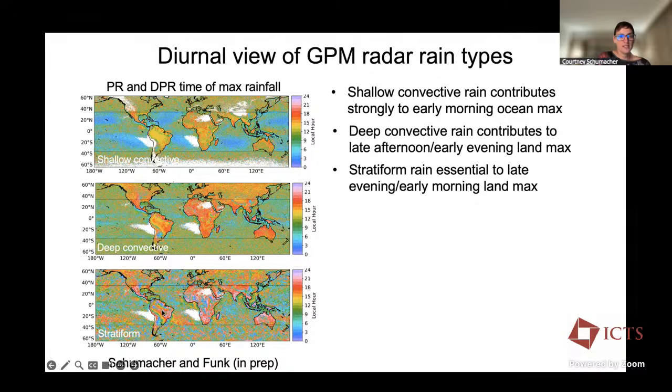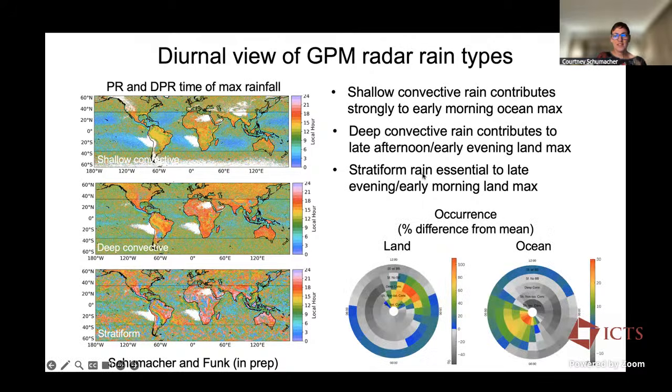But you see things are starting to get into the magentas, and these are going into pinks and purples. So those are going into the late evening and early morning hours. And so the stratiform cycle is extended out well past your typical daytime maximum that you think of for deep convection.